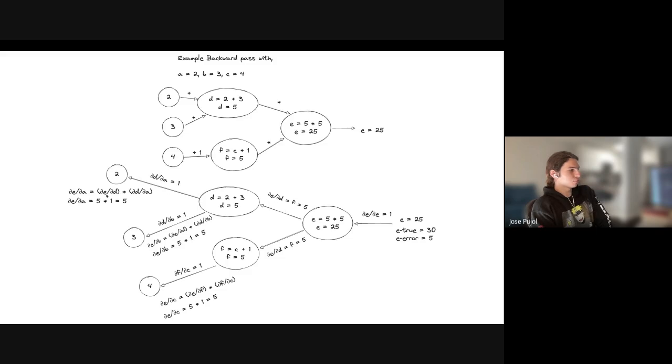And the chain rule tells us that we need to multiply these together. So ultimately, the partial derivative of E with respect to A is 5 times 1, so it's just 5. So this is telling us how this parameter A changed the final activation all the way at the end. Does this make sense?